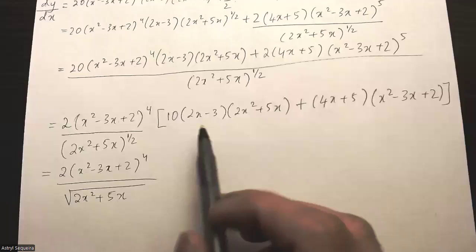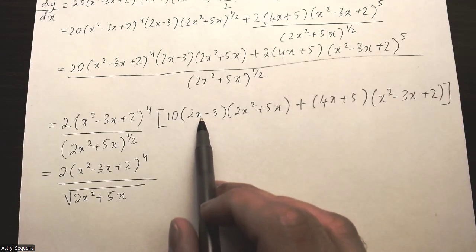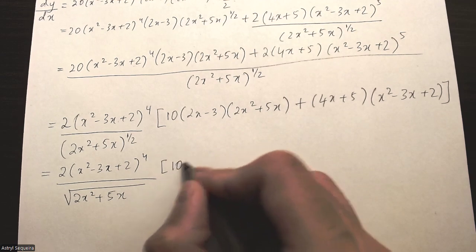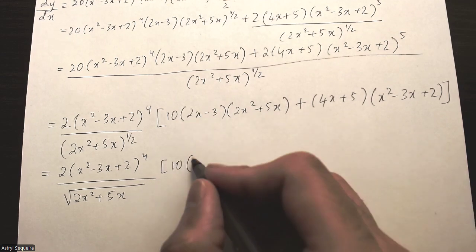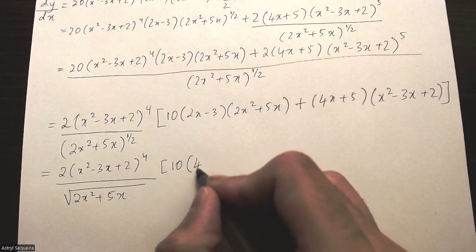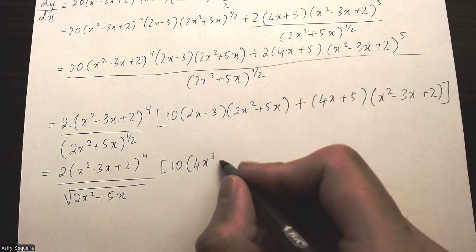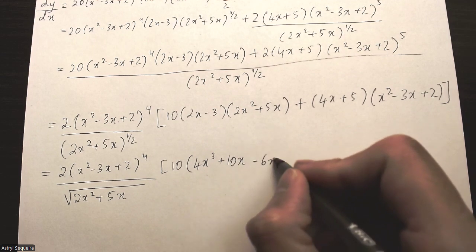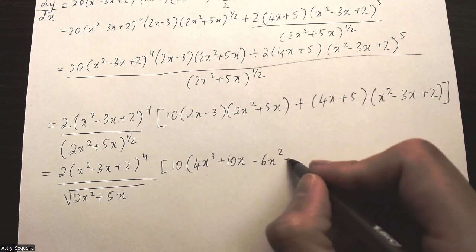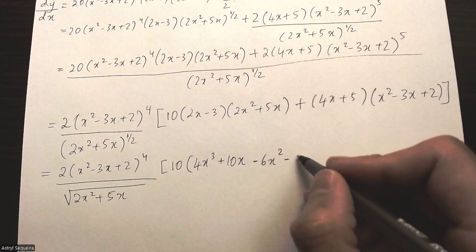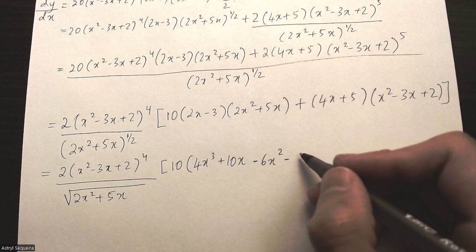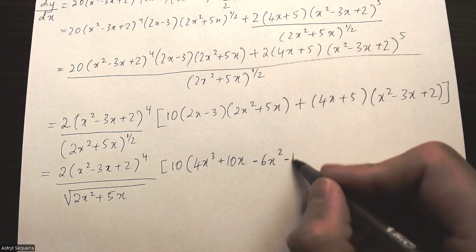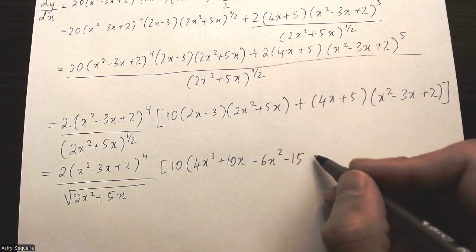And then over here, I'll start by foiling out these two brackets and then I'll multiply in the 10 in the next step. So 4x cubed plus 10x minus 6x squared minus 15x.